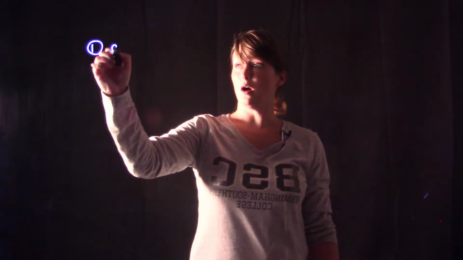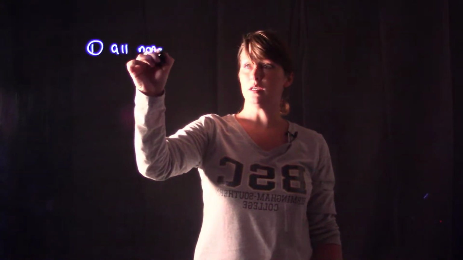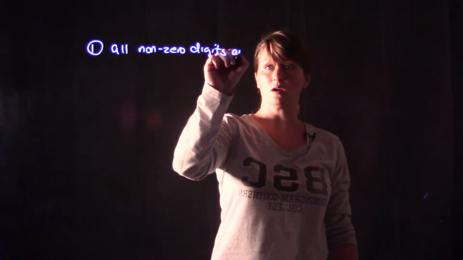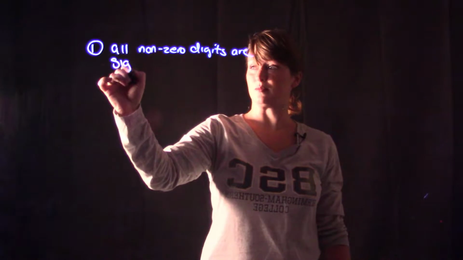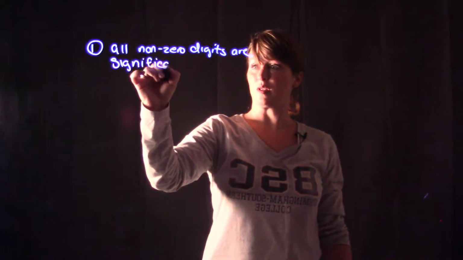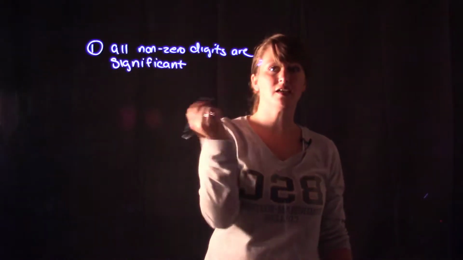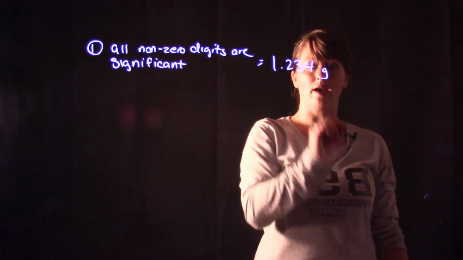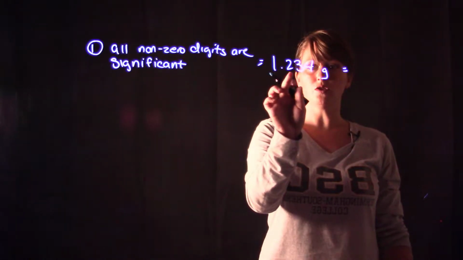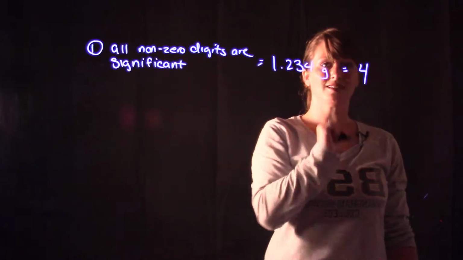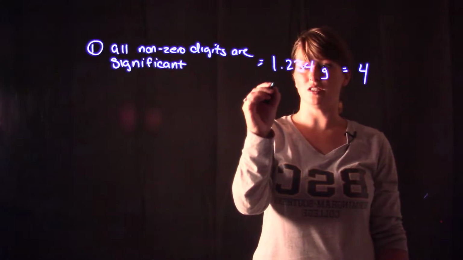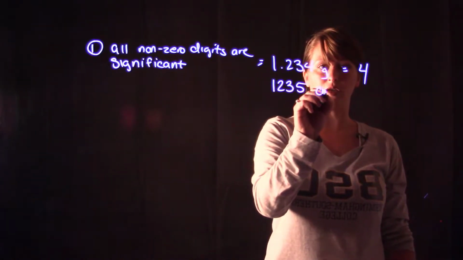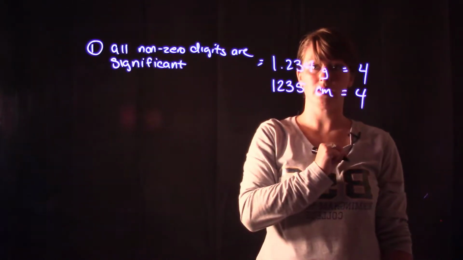First, all non-zero digits are significant. For instance, the value 1.234 grams has 1, 2, 3, 4 significant figures. Additionally, the value 1235 centimeters also has 4 significant figures.